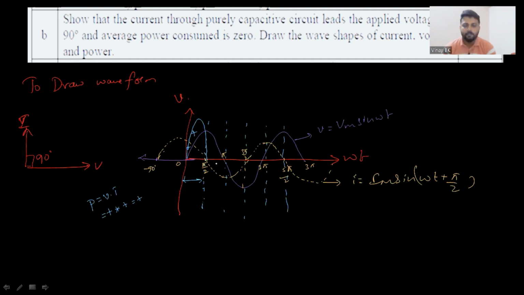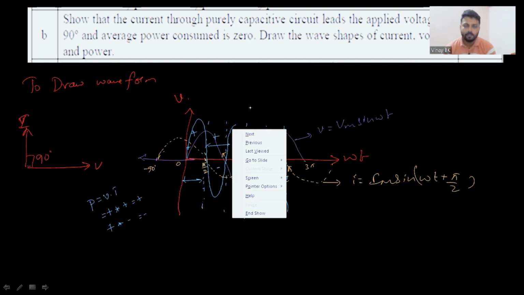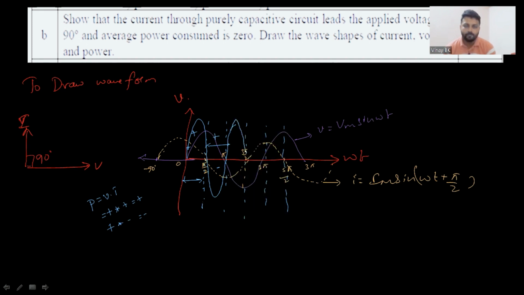Similarly, for the second interval from pi by 2 to pi, voltage is positive, current is negative, so plus into minus gives minus, so power becomes negative like this. The intervals continue like that by multiplying the voltage and current waveforms.